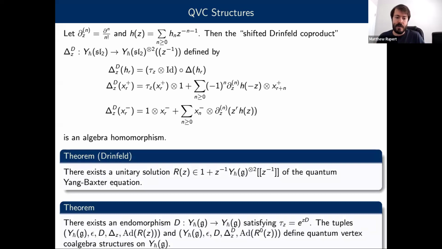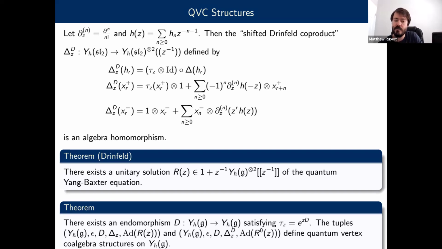There's a theorem by Drinfeld that there does exist a solution of the quantum Yang-Baxter equation with coefficients in the tensor square of the Yangian. His proof wasn't constructive; it was a cohomological proof.